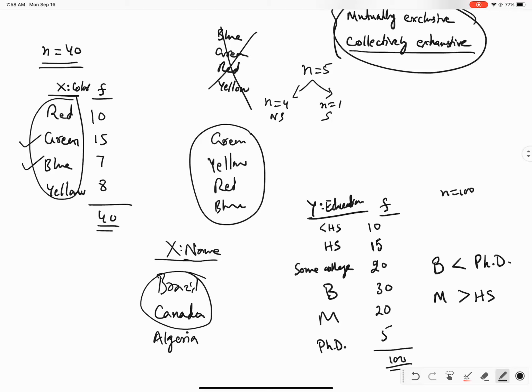Other than that, since I cannot compare the values of this variable in a meaningful ascending or descending order, this is an example of a nominal variable. I am dividing the 30 individuals in my sample into subgroups. 10 of them live in Canada, 15 of them live in Brazil, and 5 live in Algeria. So I have divided my sample of 30 individuals into 3 subgroups.